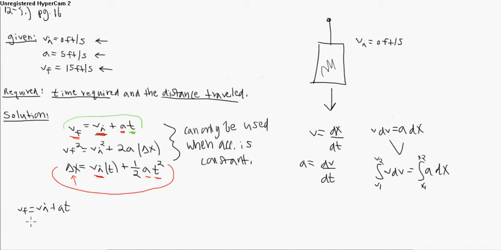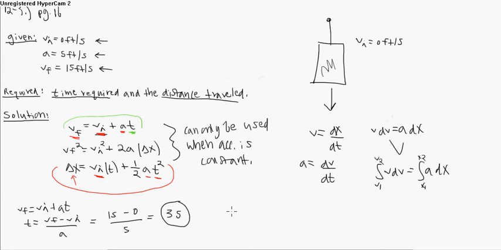And then you manipulate this equation and you can say time equals velocity final minus velocity initial divided by the acceleration. And that's going to be 15 minus 0 divided by 5. And that's going to give us 3 seconds. Now I didn't put the units in there, but you can if you want to. But all the units will cancel out and you'll be left with 3 seconds for the time.